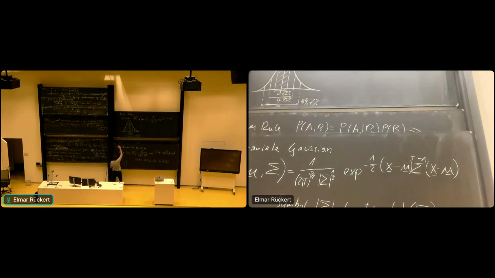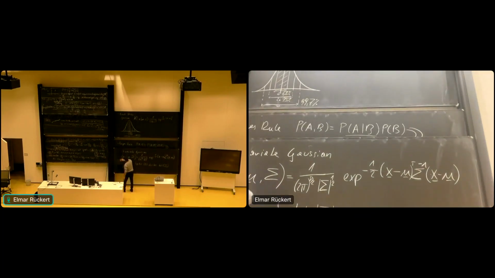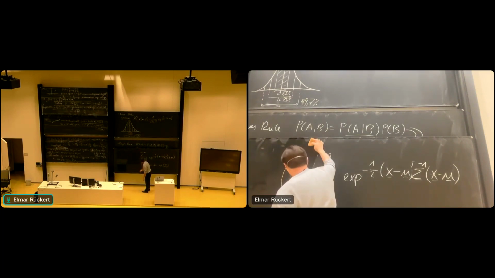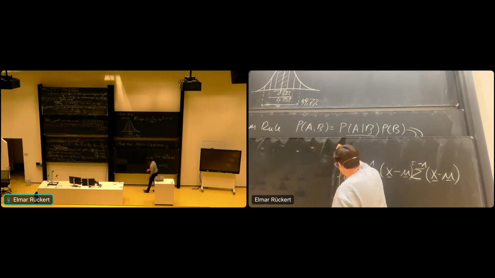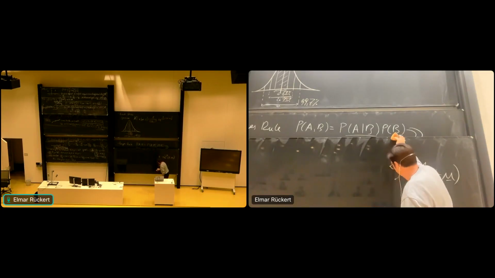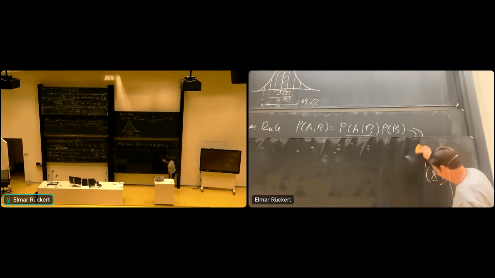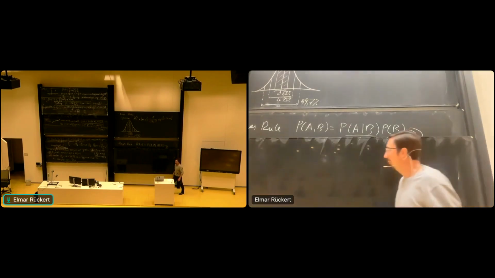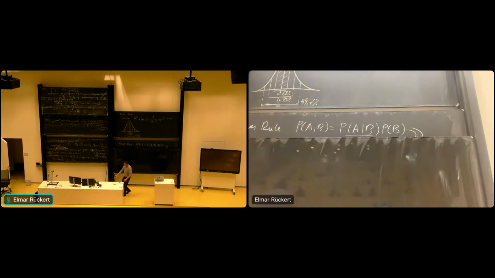Now talking about similarities and the distance between distributions, there's a very common measure that is called the Kullback-Leibler divergence. And I would like to talk a little bit about this distance measure between distributions. This distance measure has some very interesting properties. I would like to discuss them with you.